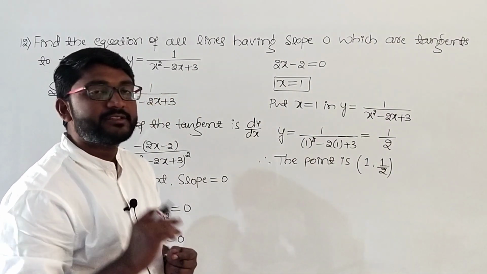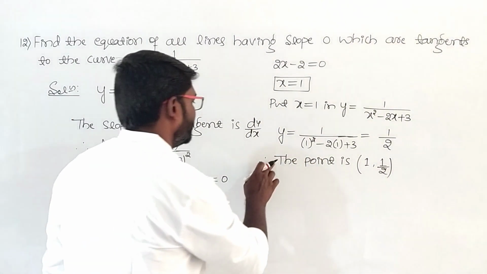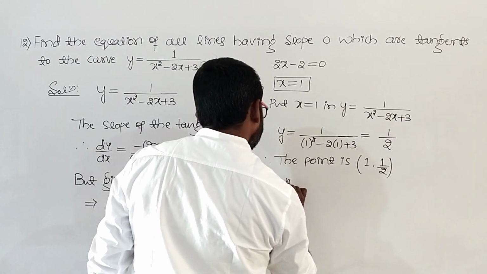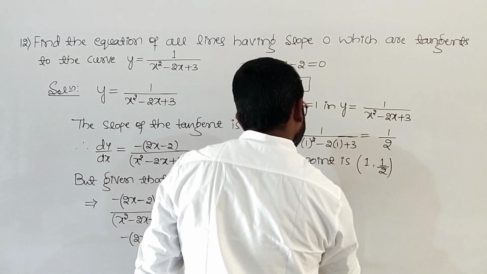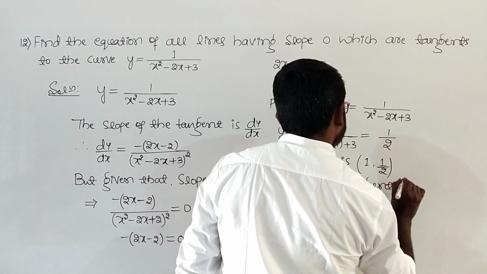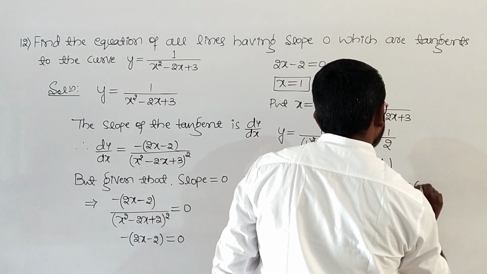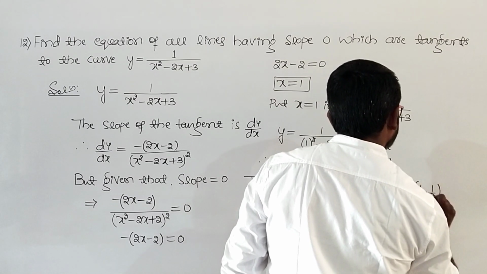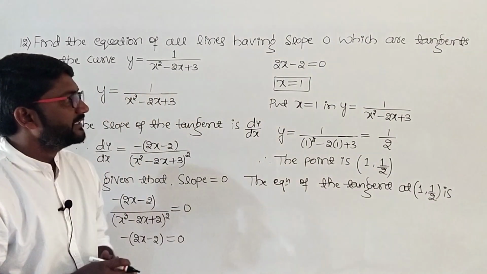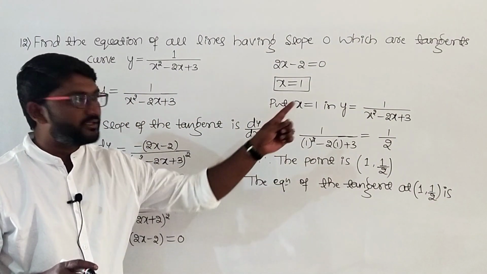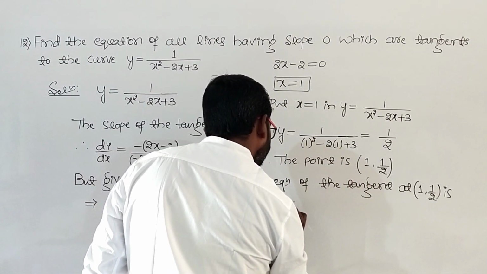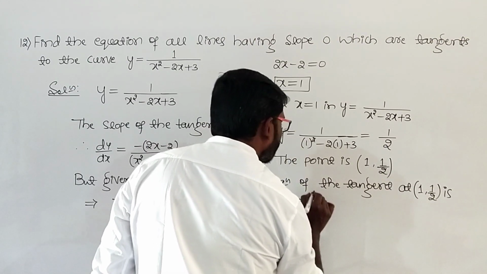Now we have to find the equation of the tangent at 1 comma 1 by 2. What is the equation of the tangent line? y minus y naught equals f dash of x naught into x minus x naught. So y minus 1 by 2 equals f dash of x naught.